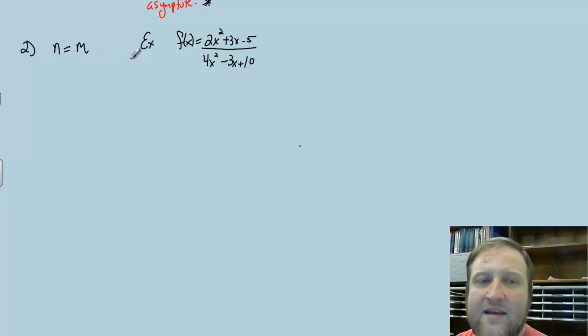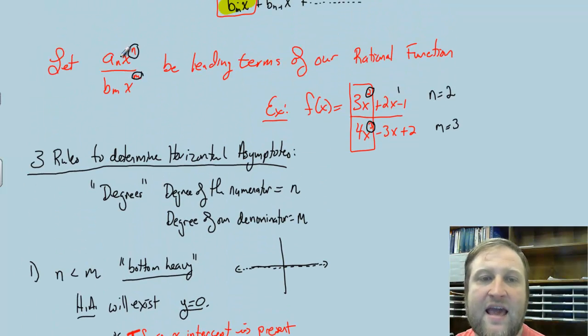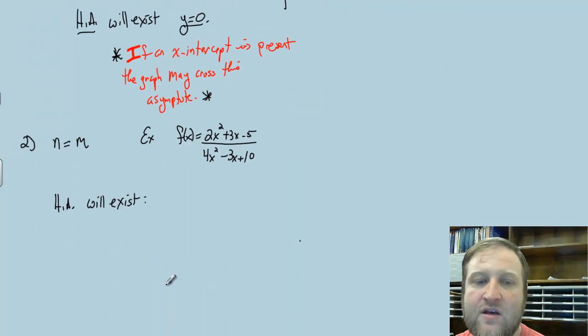If n equals m, the degree of my numerator equals the degree of my denominator, the horizontal asymptote will exist. And remember, we defined our leading terms as a sub n x to the n over b sub m x to the m. The horizontal asymptote will be the relationship of your leading coefficients. So it will exist at y equals a sub n over b sub m.